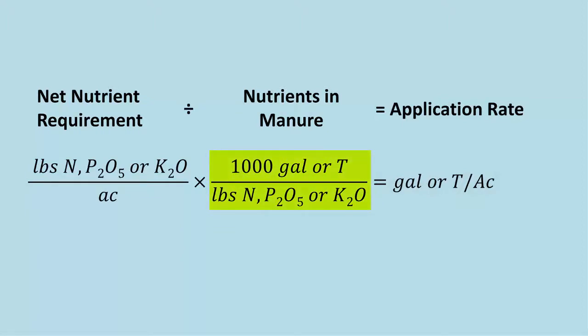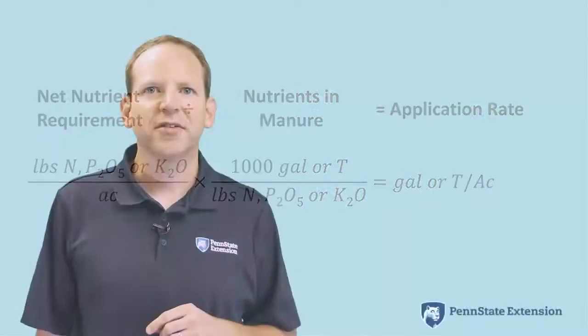The ratio to use is that for every 1,000 gallons of manure, we have a certain quantity of available nutrients. Plug in the available nutrients from your manure analysis to the denominator of this ratio and your problem is set up. Essentially, you're just taking the net crop requirement, dividing by the available nutrients in the manure, times 1,000 gallons.